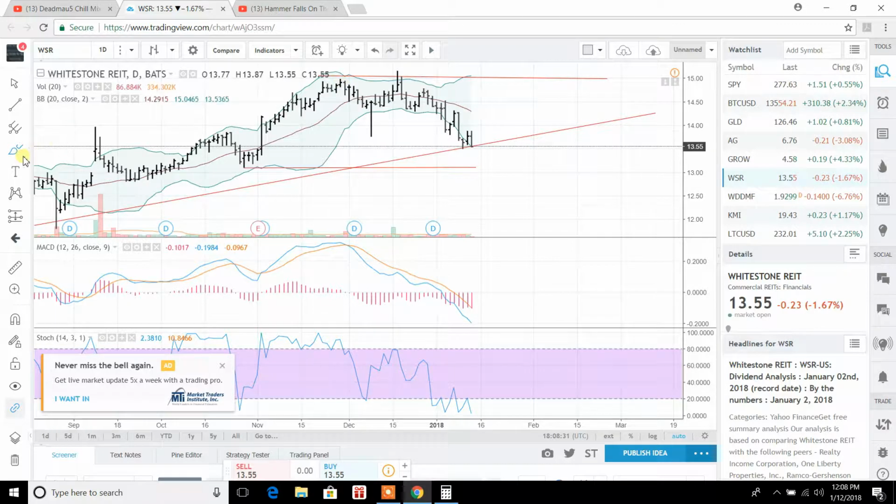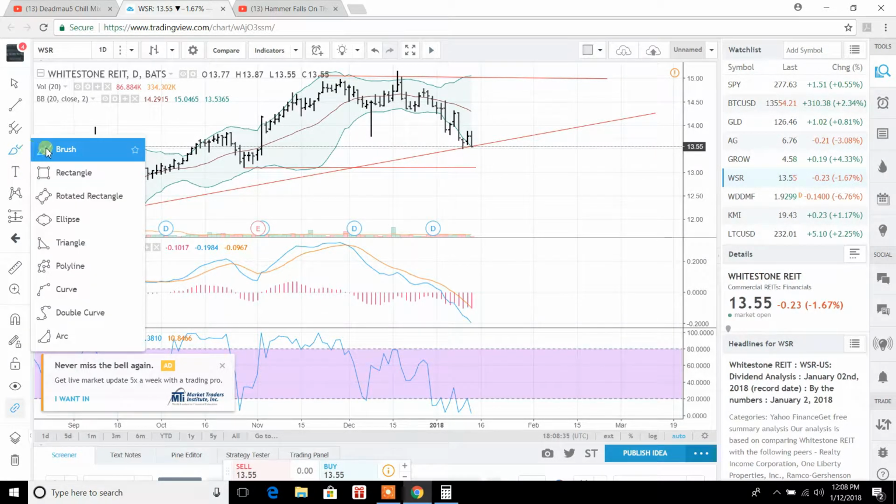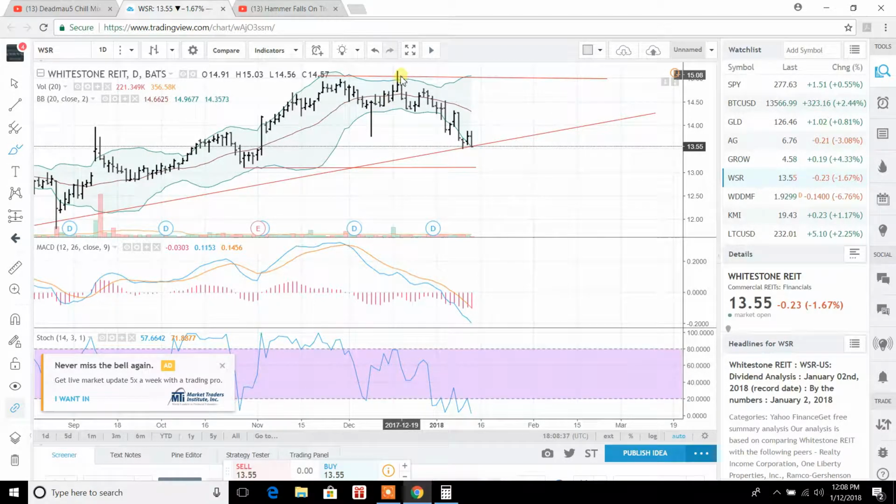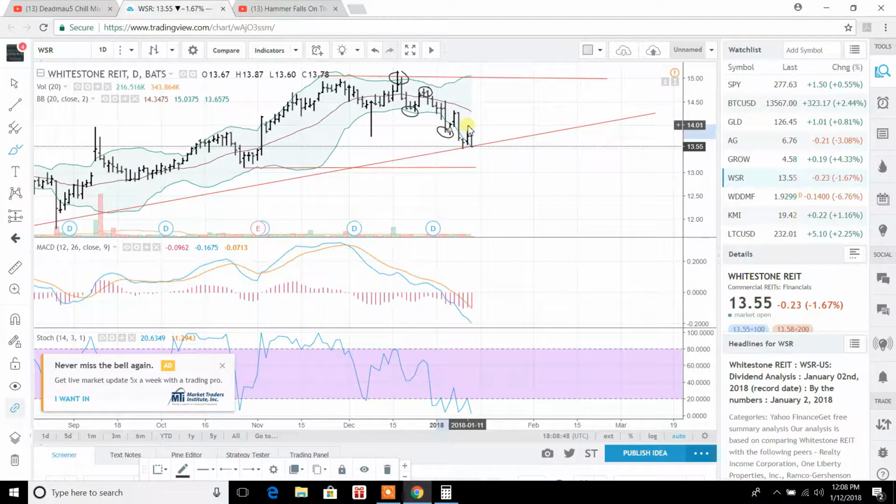But if you look on this chart, you'll see we've got a peak and then a trough, and then we got a lower peak and a lower trough. We've got a lower peak, a lower trough, and a lower peak. So what do we have?